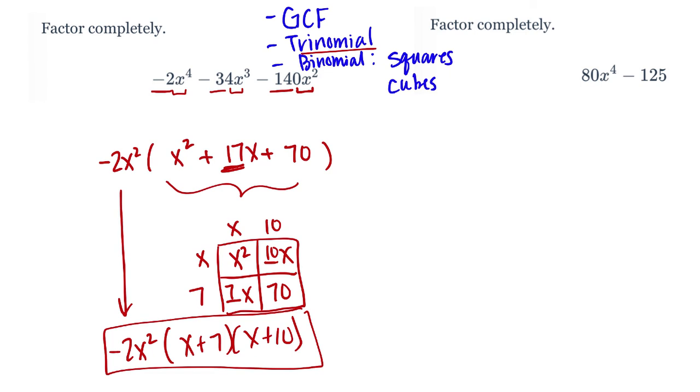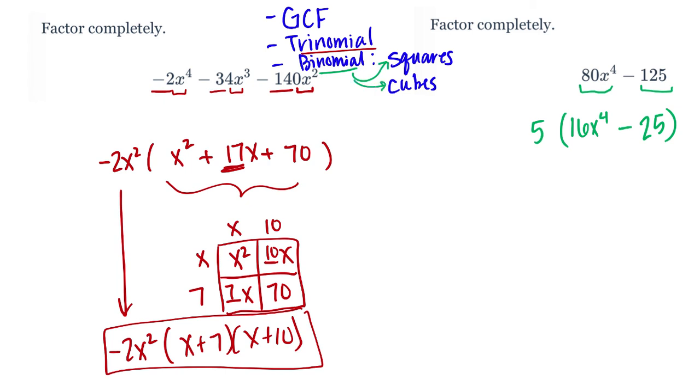Okay, for this next one, we still want to check for a GCF first. So I know I can at least take a 5 out. So if I did that, I would have, I think this is 16 and 25. And then since this is a binomial, is it a perfect square or a perfect cube?